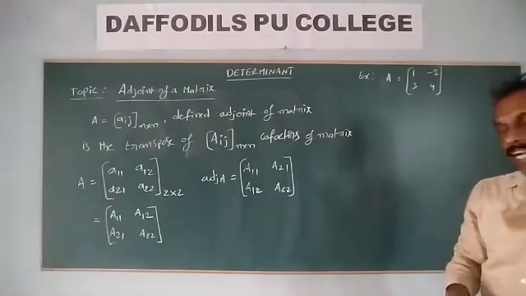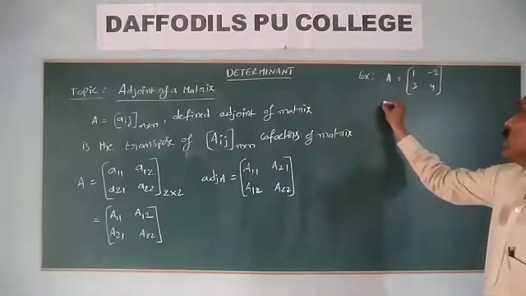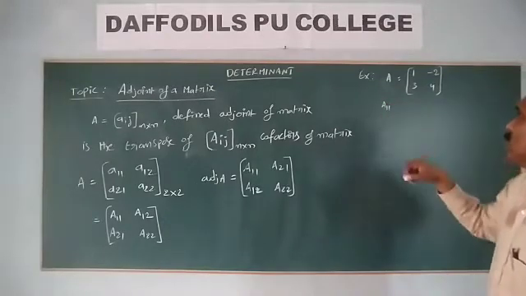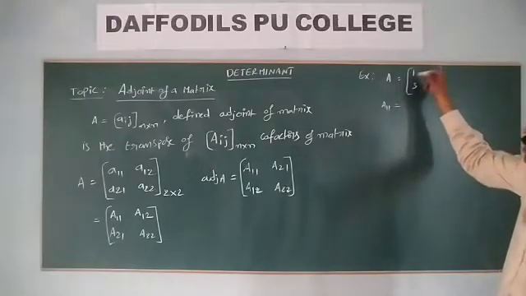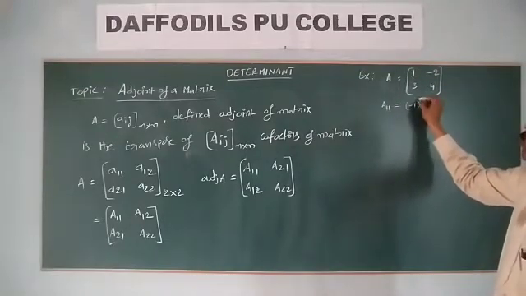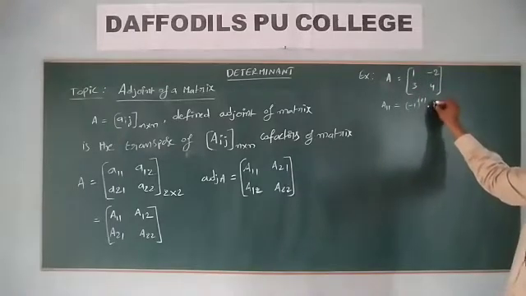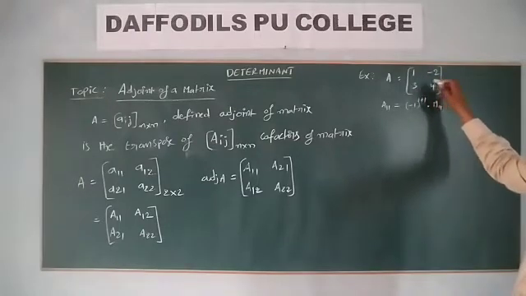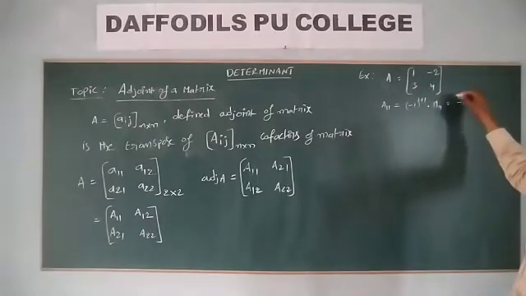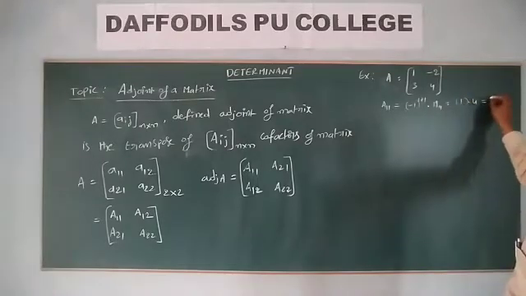We want adjoint A. Before that we find the cofactors. The cofactor A11 is minus 1 to the power of 1 plus 1 times its minor M11. Deleting this row and this column leaves 4. So minus 1 to the power of 1 plus 1 times 4 is equal to 4.